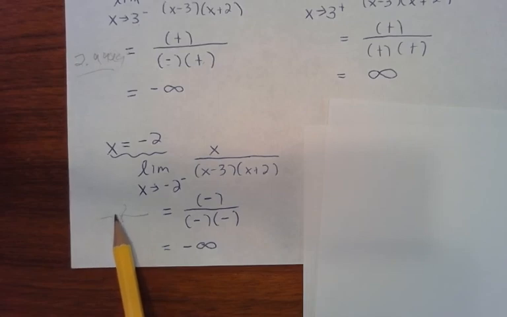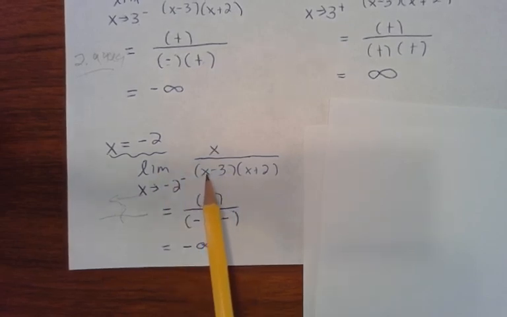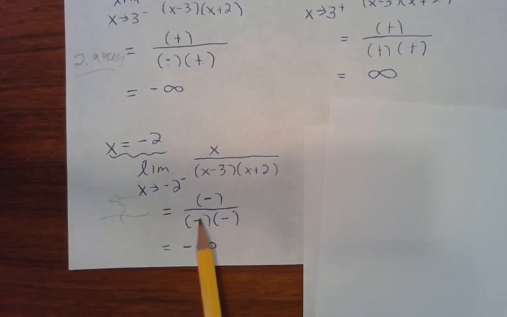Negative 2.01. So that's negative up here. Negative 2.01 minus 3 is a negative. Then just to the left of negative 2, plus 2 is still negative. So negative divided by negative times negative approaches negative infinity.